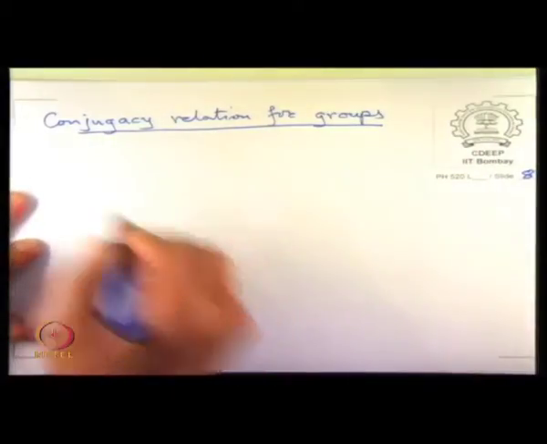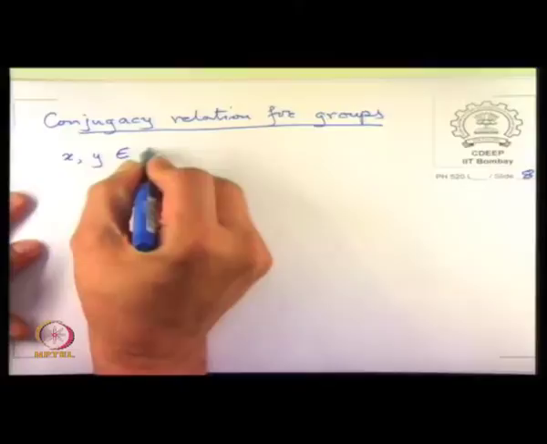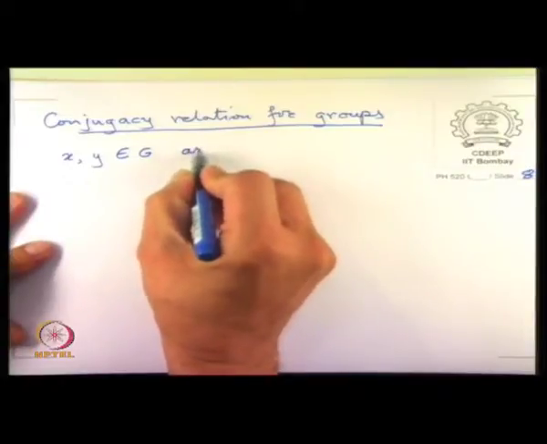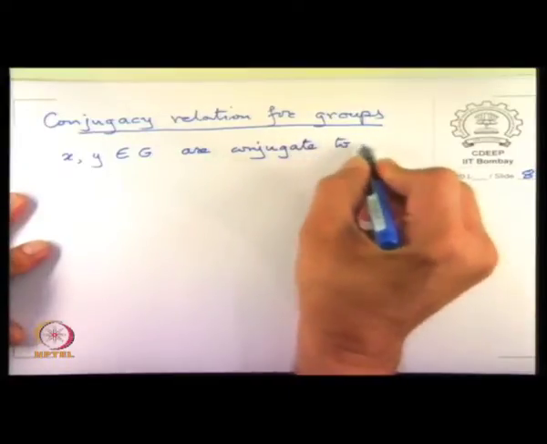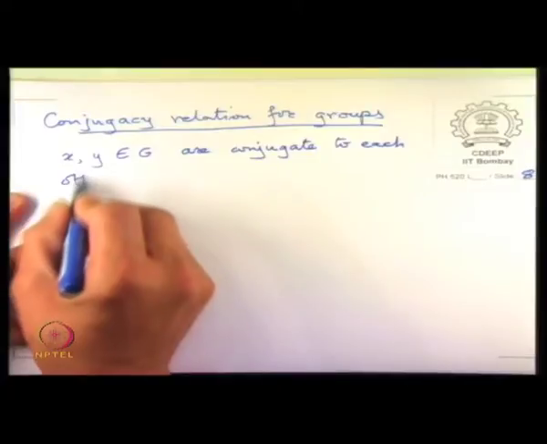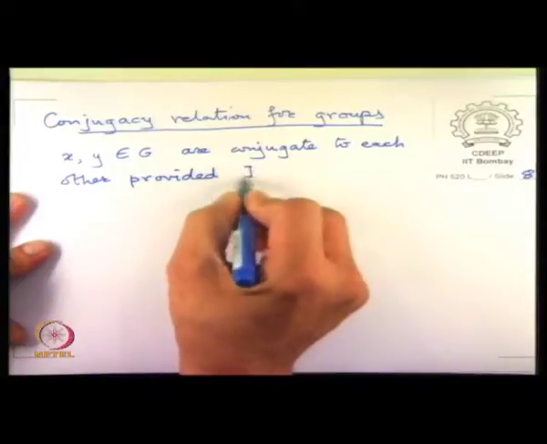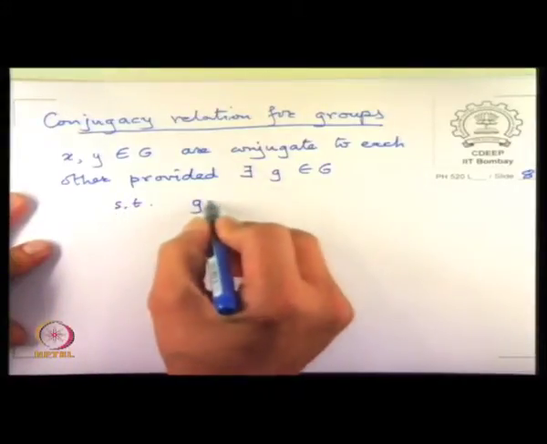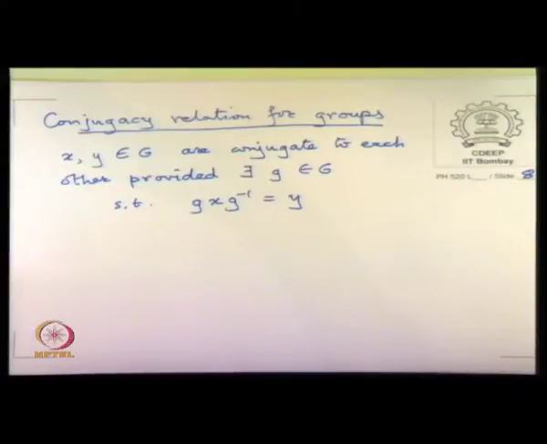We say that x and y belonging to G are conjugate to each other, provided there exists a g belonging to G such that g x g inverse is equal to y, and we can check that this requirement is an equivalence relation.